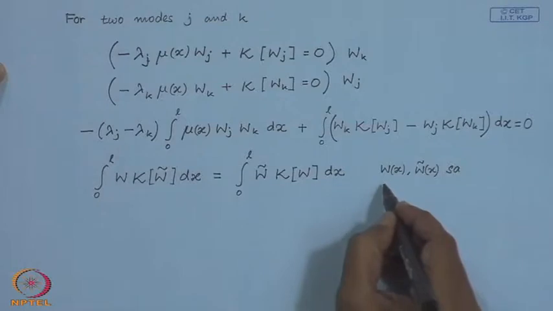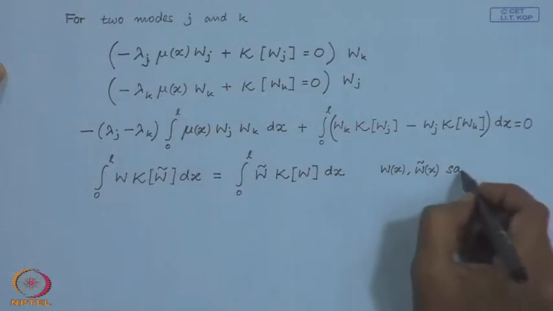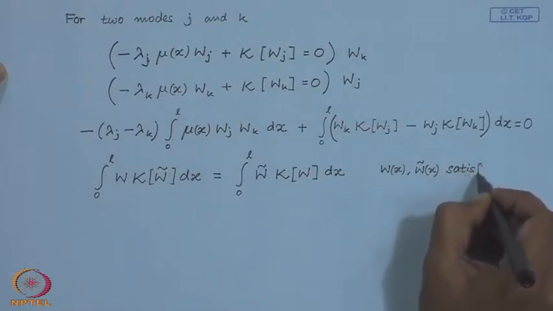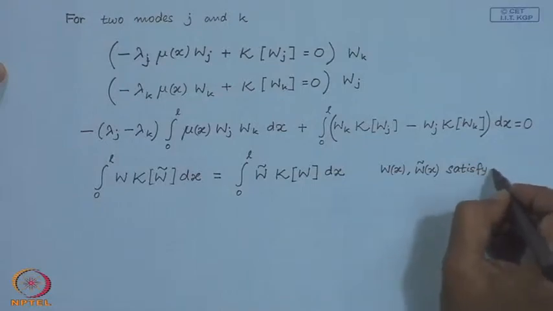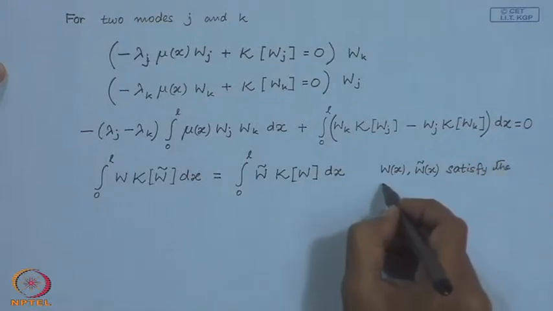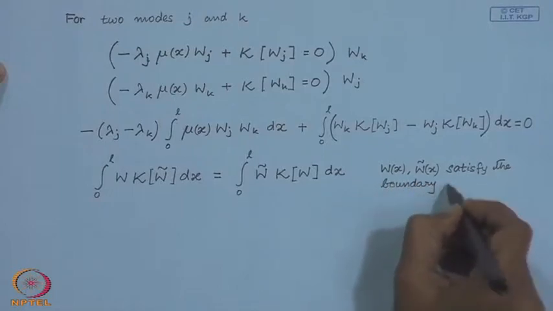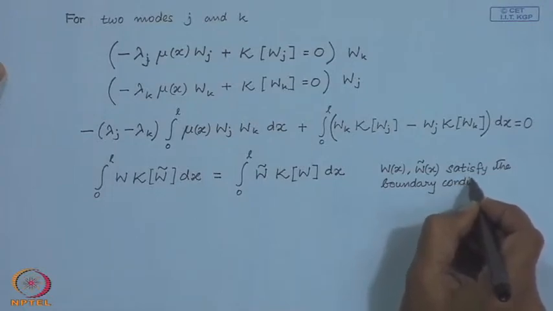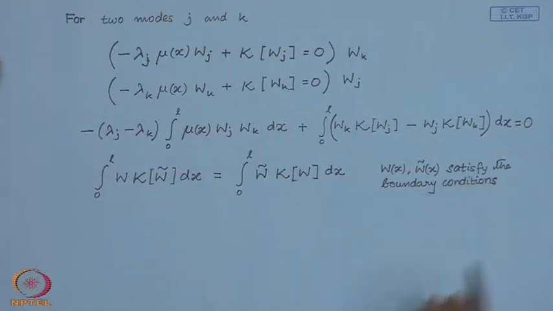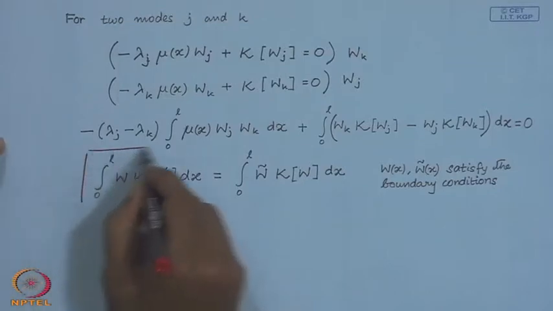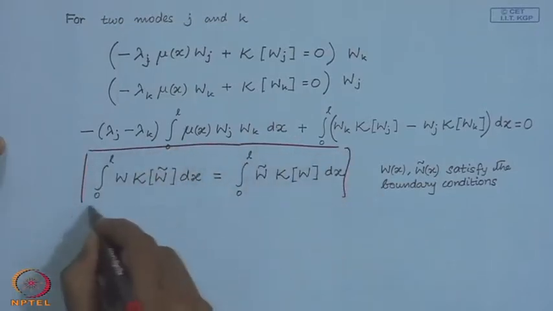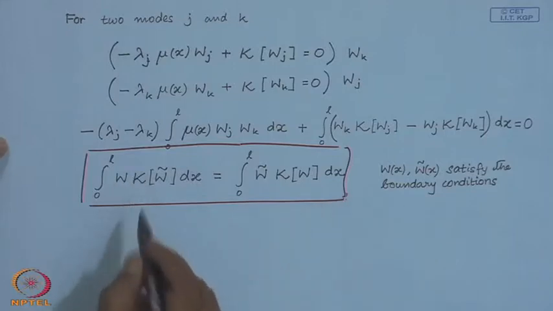Where this W and W tilde are functions that satisfy the boundary conditions of the problem. If this property holds, then this operator K is known as self-adjoint.